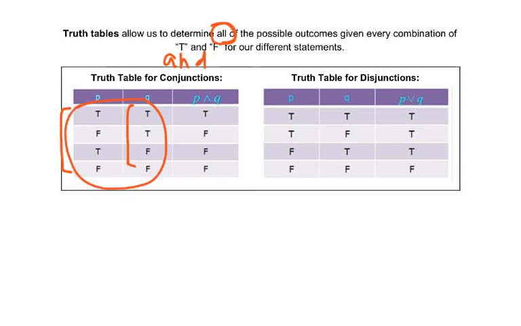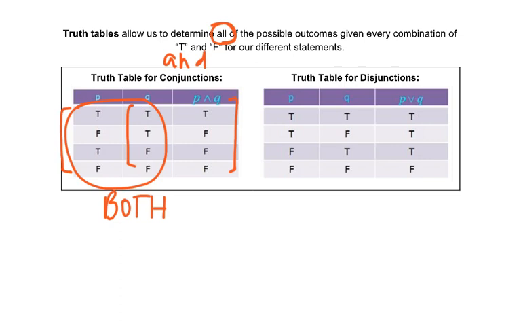So now we're going to look at those two columns to figure out our P and Q column. Remember, for conjunctions, we want both to be true. Alright, so we have this first row here. We have a true and a true, so that's going to make our P and Q true. Next, we have a false and a true, so that makes our P and Q false.